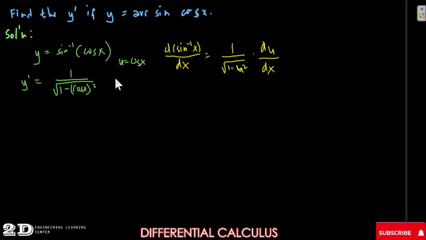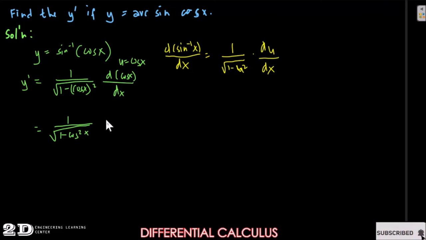Then we will multiply the derivative of our u, which is cosine x in terms of x. So we will now have 1 over the square root of 1 minus cosine squared x. The derivative of cosine is negative sine, so negative sine x, this is multiplied.